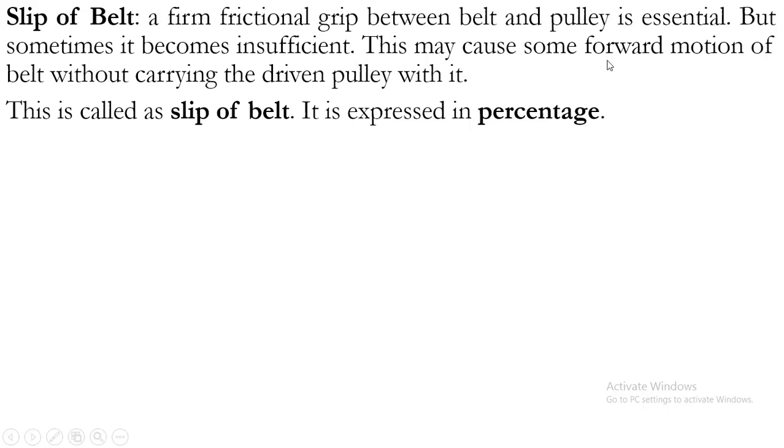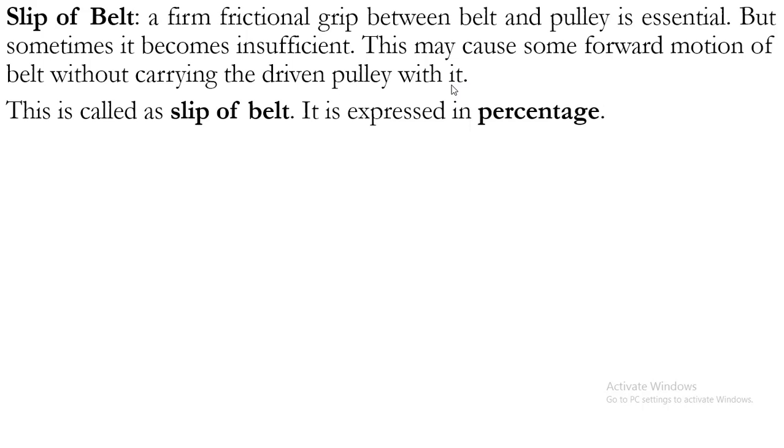This may cause some forward motion of the belt without carrying the driven pulley with it. That is, the belt may move forward, but it doesn't make the driven pulley rotate. If the driven pulley doesn't rotate, then definitely there is no power transmission.